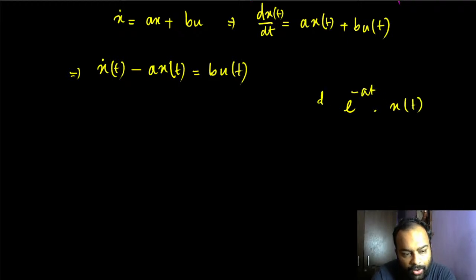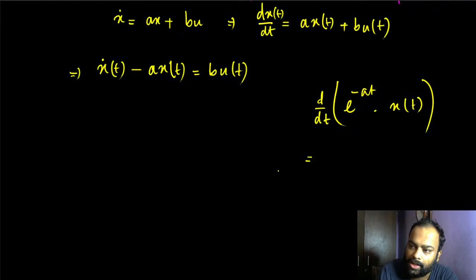and I want to differentiate this with respect to t. The question is, what is the result of this derivative? The result is very simple to understand: we first differentiate this, keeping the other constant, then differentiate the other, keeping this constant, and add them up. That's the product rule.